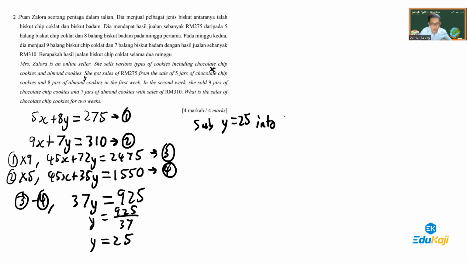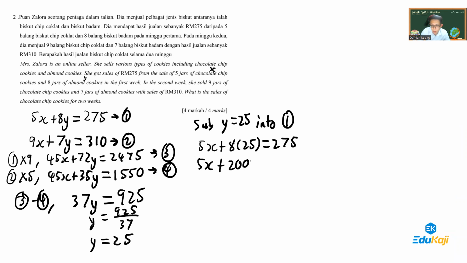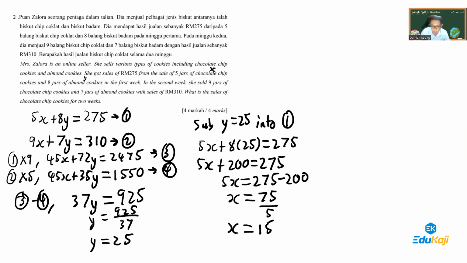Let's say I put it into equation 1: 5x plus 8 times 25 equals 275. So 8 times 25 is 200. Bring over the 200, opposite, minus, which is 75. Bring over the 5, opposite, divide by 5, which is 15. So the price of chocolate chip cookie would be 15 ringgit.